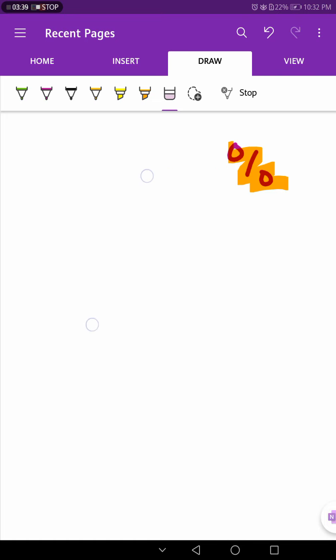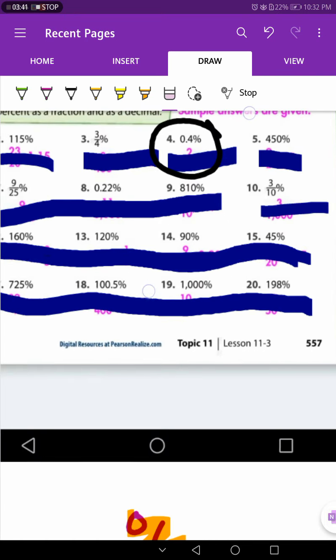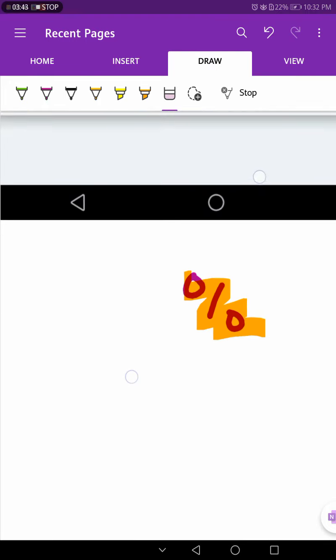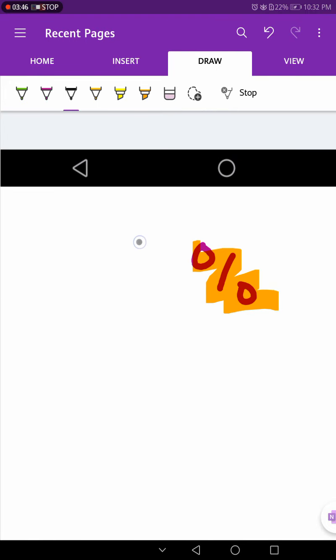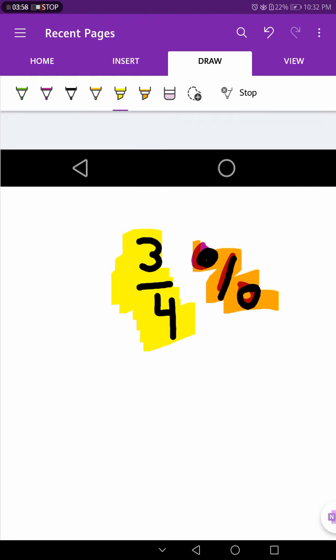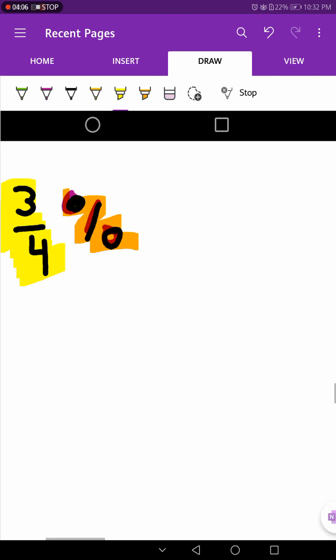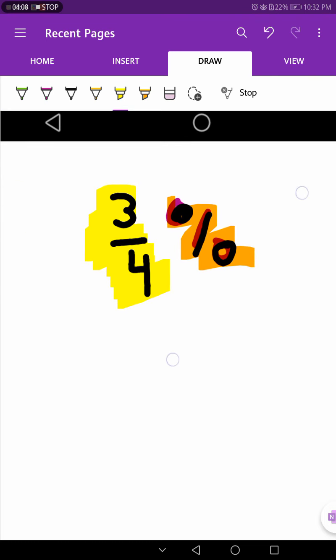It is question number 3. It is 3 over 4 percent. The teacher said any number in front of the percent sign is over 100. But in the fraction case here, we have to convert it to decimal. 3 over 4, stop, don't do anything.